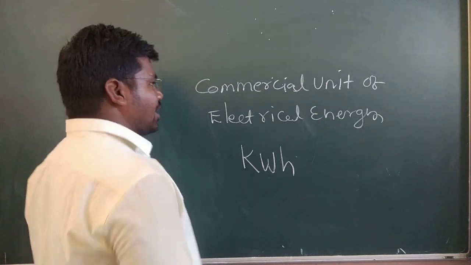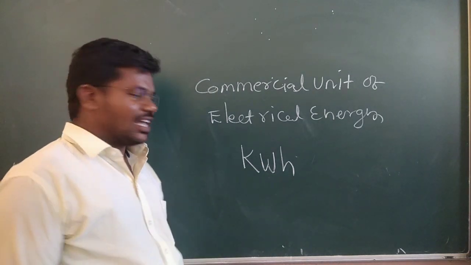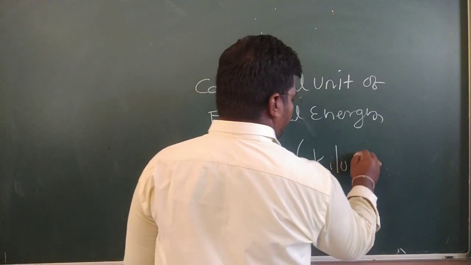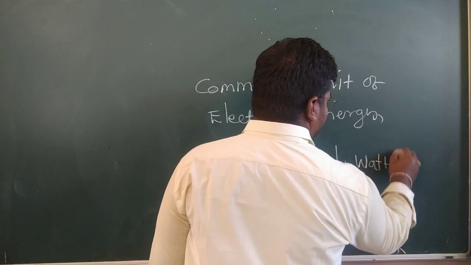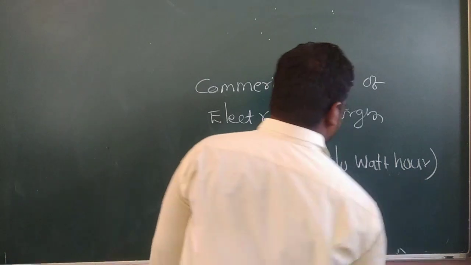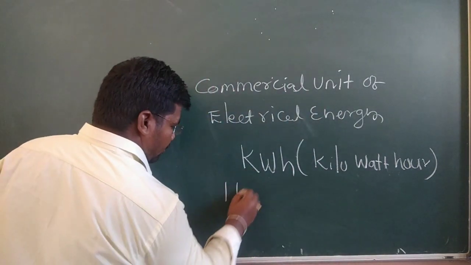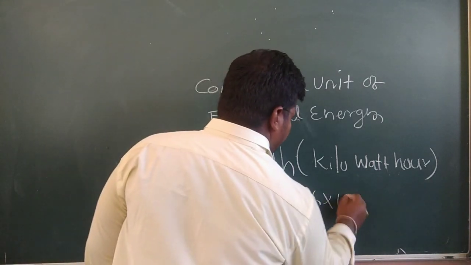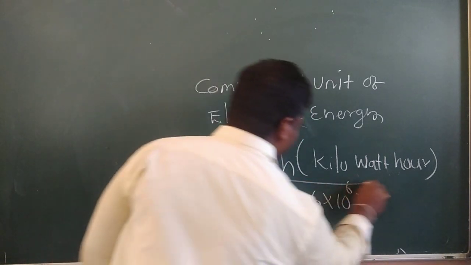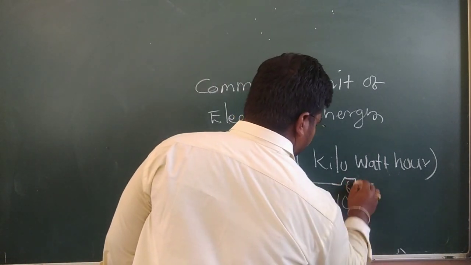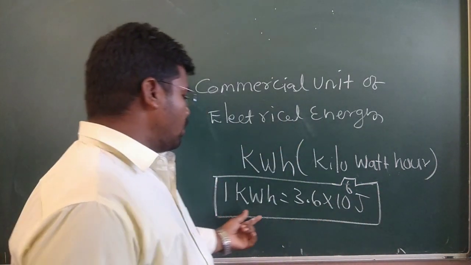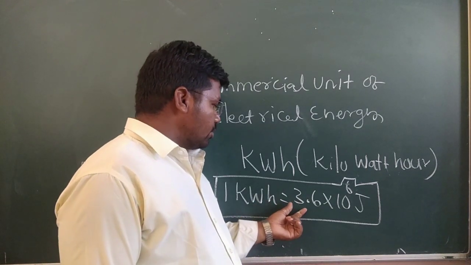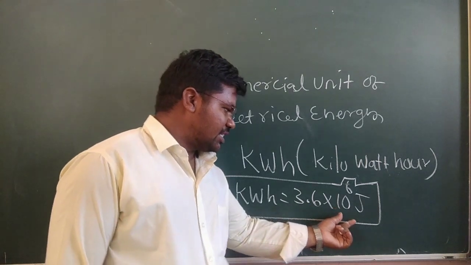So kilowatt hour is the commercial unit of measuring electrical energy. 1 kilowatt hour is equal to 3.6 into 10 power 6 joules. Very important one.